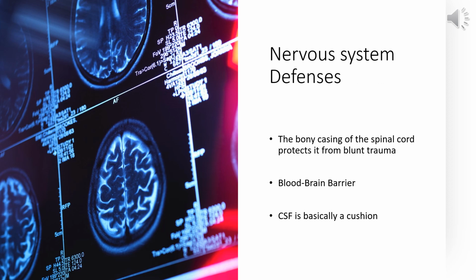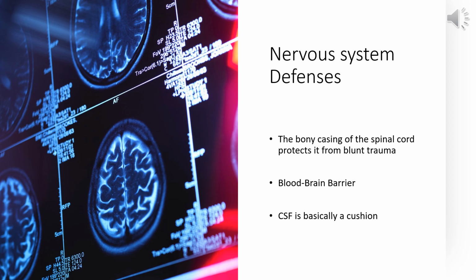Moving on to the nervous system defenses before we get into different diseases. Most of the defenses are mainly how it's built. For example, the bony casing around the spinal cord will protect it from blunt trauma, like traumatic injury.